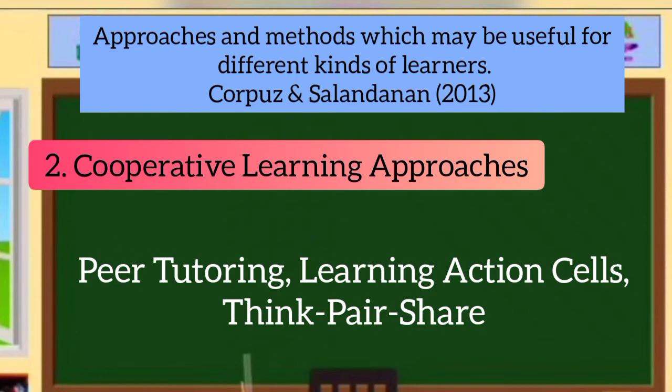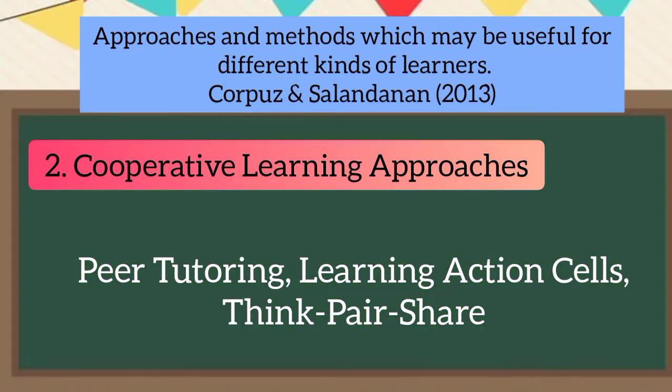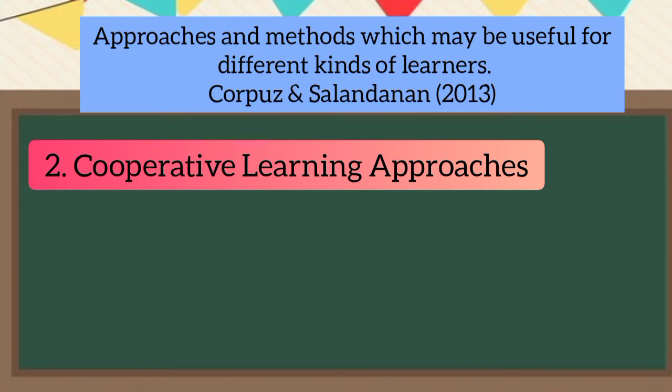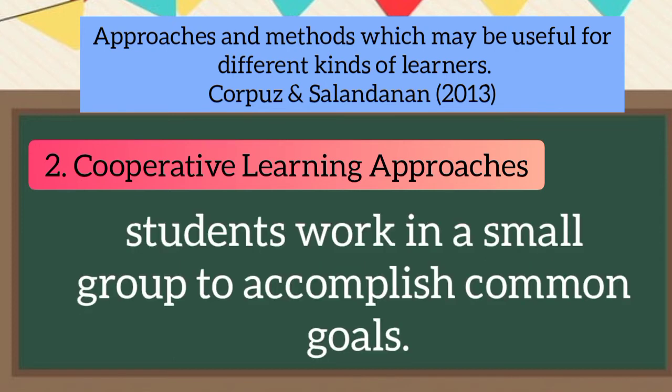Cooperative learning approaches. It is peer tutoring, learning action cells, or what we call the think, pair, share. Cooperative learning is an instructional method in which students work in small groups to accomplish a common learning goal under the guidance of the teacher.